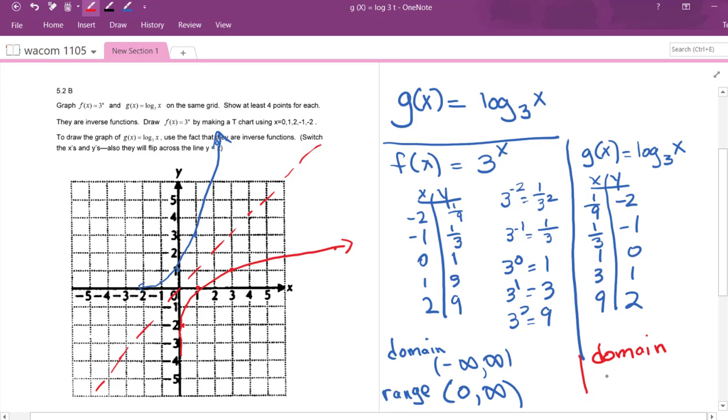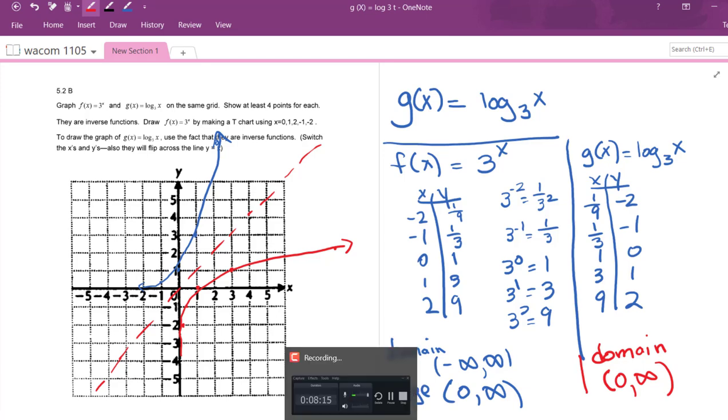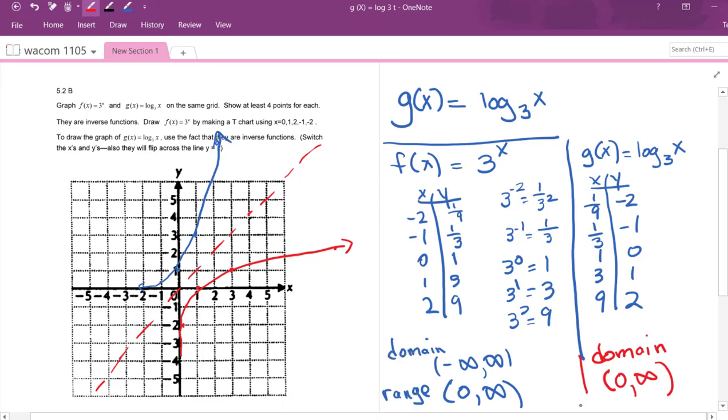You are not going to touch it, so it's going to go from 0 to infinity, right? And remember, the thing about inverses is the domain and the range switch. So whatever was the range for 3 to the x becomes the domain for its inverse.